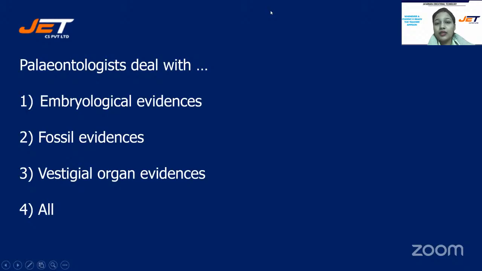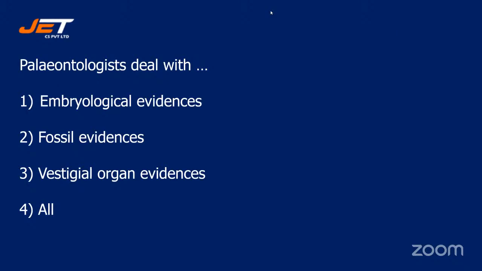Since we are asking about paleontologist, what does a paleontologist deal with? Embryological evidences, fossil evidences, vestigial organ evidences, or all? Quickly write your answers in the chat box, students. You have very limited time. Your 20 seconds are running very fast.